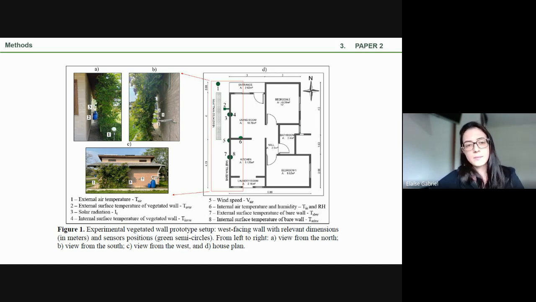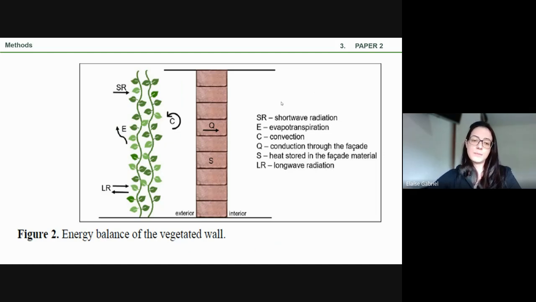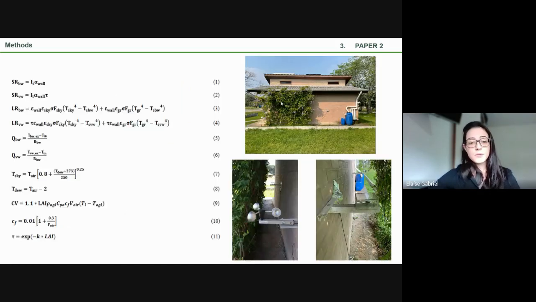With that database, we adapted a mathematical model based on Susarova's method to calculate the conductive heat flux, the shortwave and long-wave heat fluxes, the convective radiation, and the evapotranspiration. Since this is a deciduous plant, we wanted to see the heat flux differences throughout the season. So we set up 3 scenarios for summer and 3 scenarios for winter.